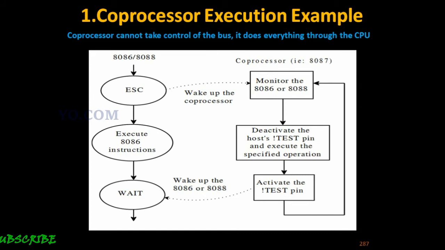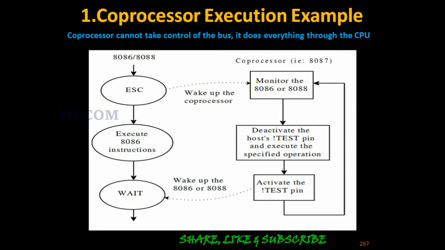After that, it enters the monitoring stage. The coprocessor always monitors the 8086 microprocessor to see whether a coprocessor instruction is coming or not. The coprocessor instruction is identified by the escape prefix. If it is not an escape instruction, then 8086 executes its own instructions.